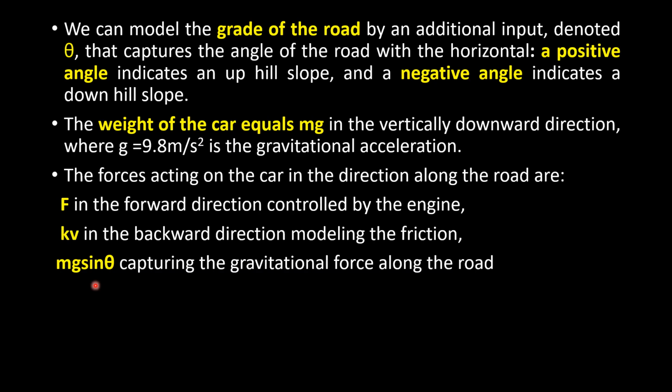And mg sine theta represents the gravitational force along the road. So we have an input force, a frictional force opposite to the input force, and the gravitational force along the road, which is also opposite to the input force. Because of this we have F minus kv minus mg sine theta in our equation.